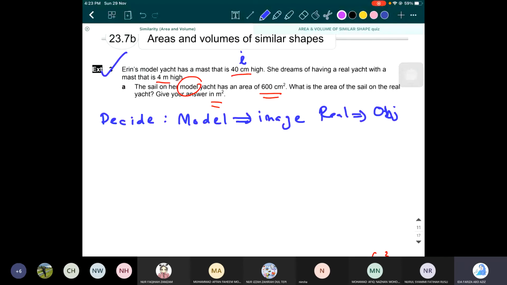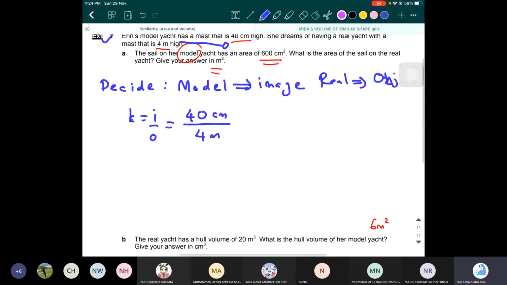Okay, so K is I over O, image saya 40 cm, objek saya 4 meter. So tak boleh bahagi lagi, jadikan dia unit yang sama. So 40 cm over 400 cm, so barulah dapat 0.1. Okay, so dapat K 0.1.